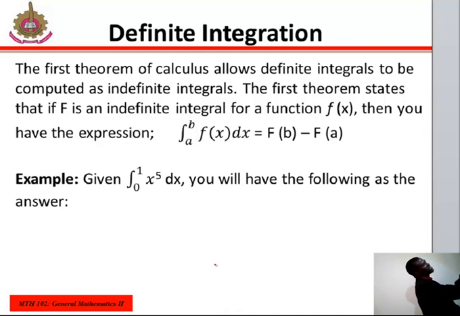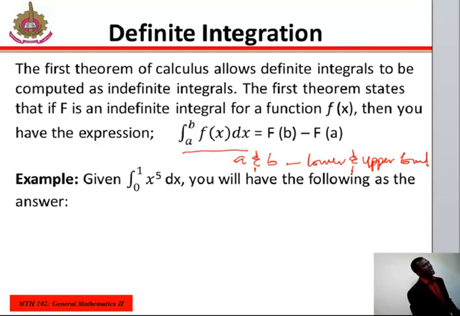That is, the integral from a to b of f(x) dx, where a and b are the lower and upper boundaries. Then you are going to have the solution like what we have on the board, that is, you subtract the lower boundary from the upper boundary, F(b) minus F(a).